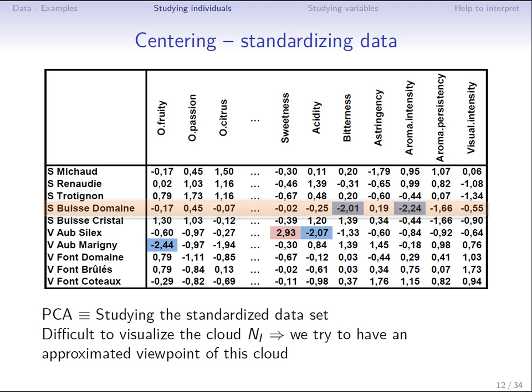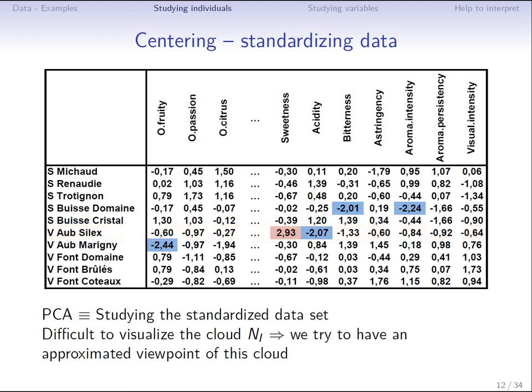Here it is unclear that the data follow a normal distribution, but a standardized value less than -2 is very extreme. So the wine is particularly not bitter and with a very small aroma intensity. The wine Aubussière Silex is particularly sweet and not acid.